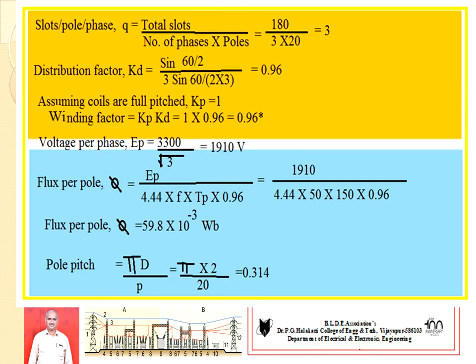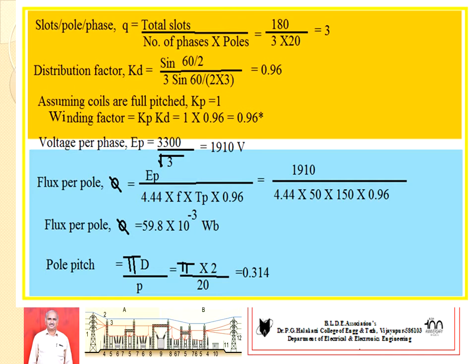Distribution factor: angle of spread is given. In general, Kd equal to sin(theta/2) divided by q into sin(theta/(2q)). General expression. It is also available in previous problems, induction motor problem. So q equal to 3, angle of spread theta equal to 60.